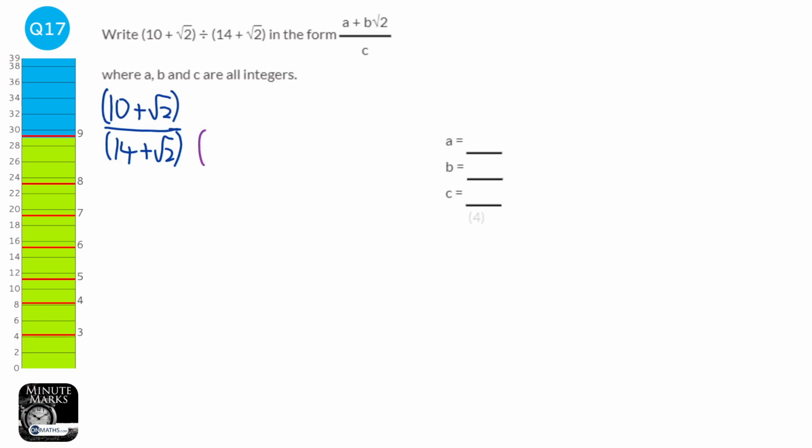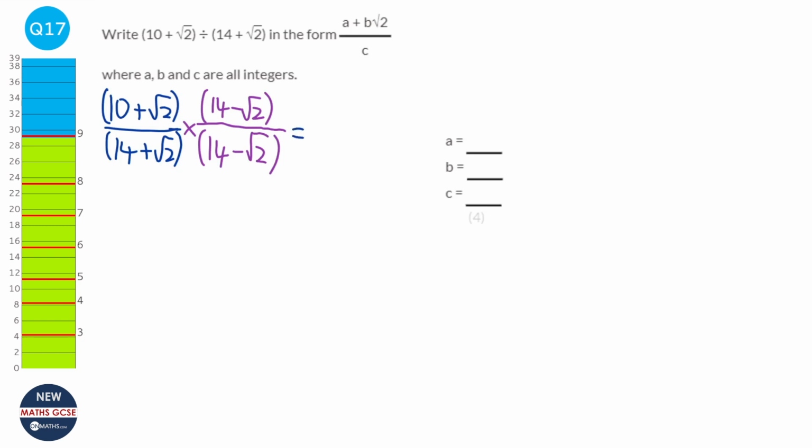And what I mean by that is if it's 14 plus root 2, we times it by 14 minus root 2. And we've got to do the same to the top. And the reason for that is essentially here all we're doing is timesing it by 1, because 14 minus root 2 over 14 minus root 2 is just 1. So we're not changing the fraction at all.